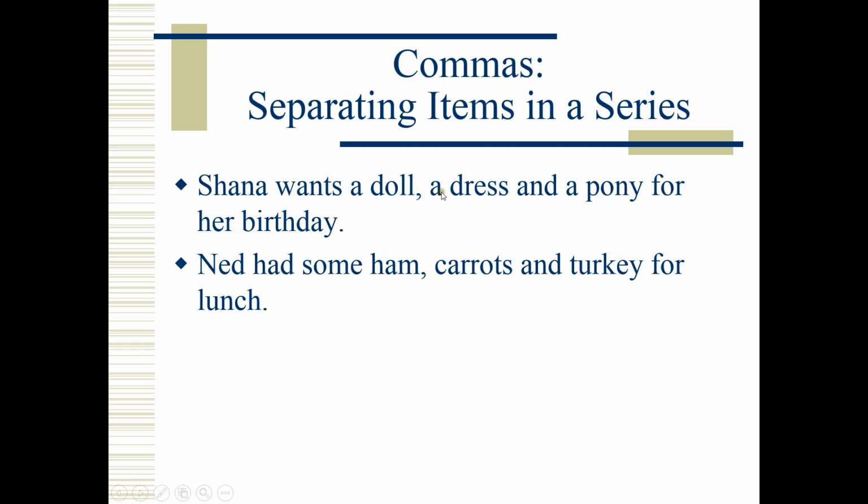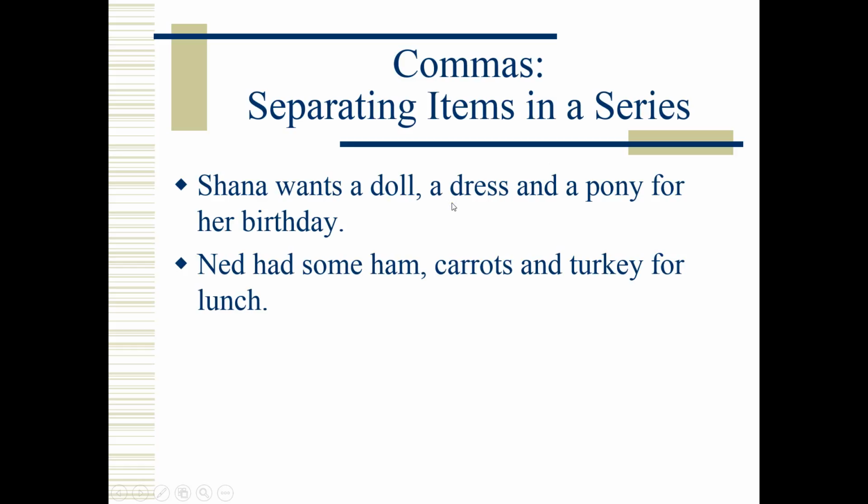Now you could put a comma after dress here before the word and. Many people do, and because that's one of the traditional ways that we're taught to use commas, I typically, when I read and grade your essays, wouldn't mark that wrong unless I felt that putting a comma there in some way interfered or obscured what you were trying to say in the rest of the sentence.